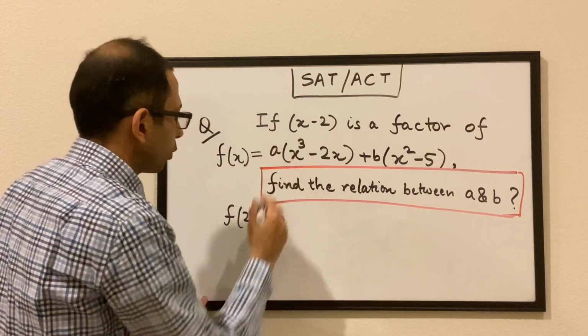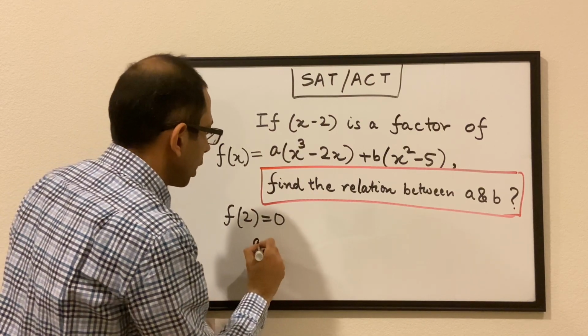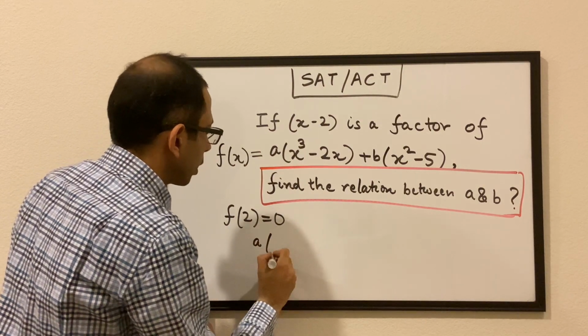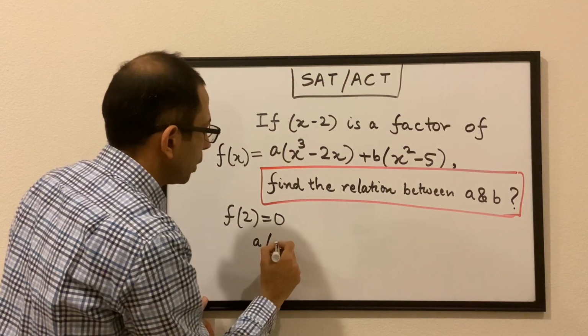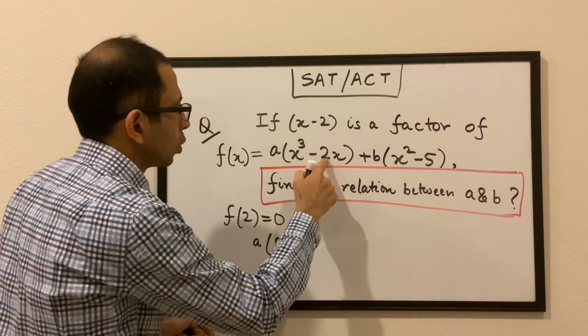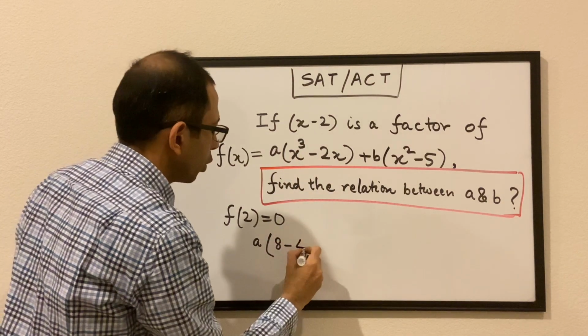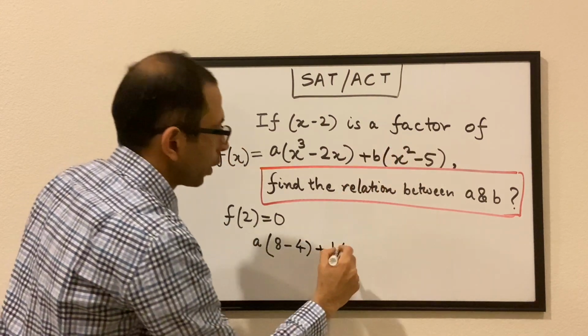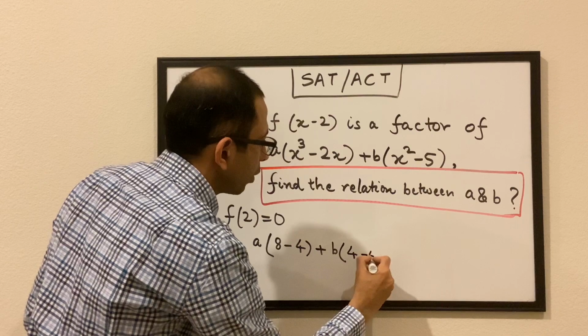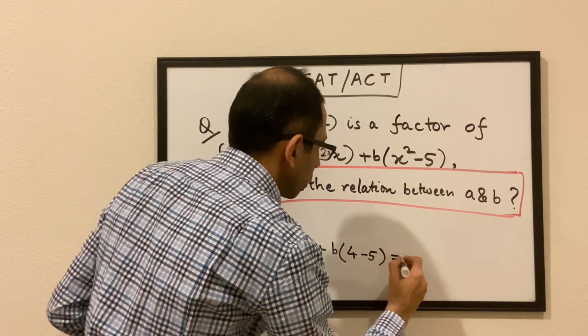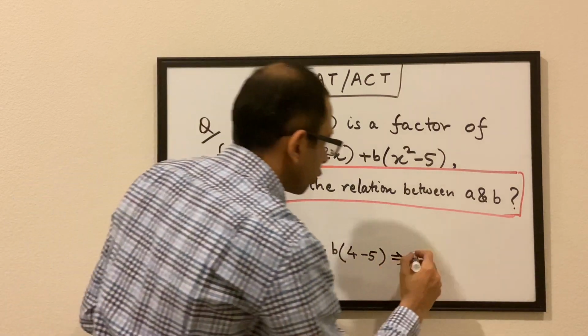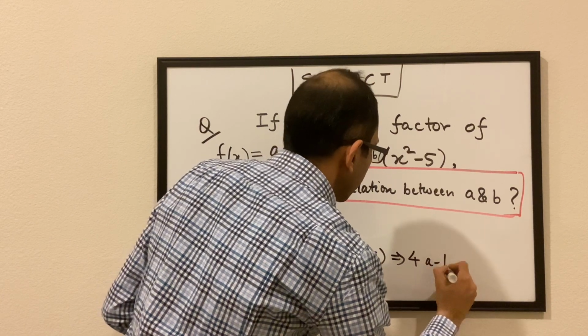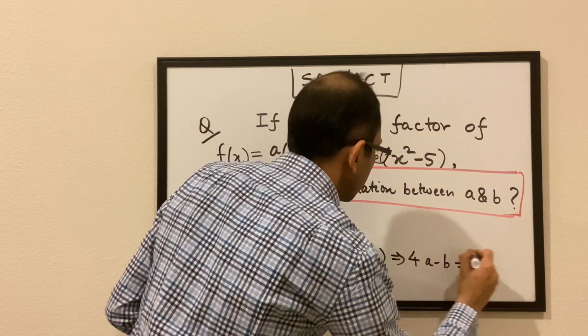So f of 2 would be a times 2 cube, which is 8, minus 2 times 2, which is 4, plus b times 2 square, which is 4, minus 5. Or in other words, it becomes 4a minus b is equal to 0.